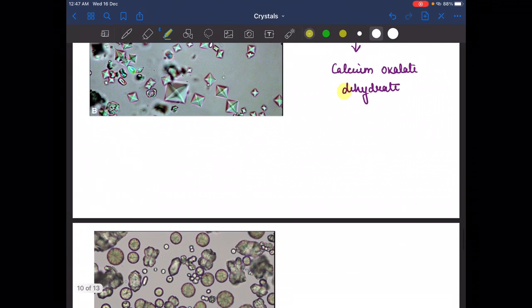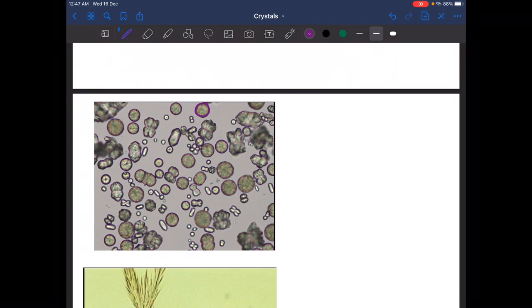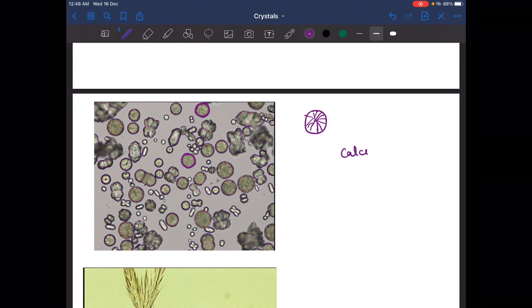So now move to the third picture. Here we can see that these are circular, something like this. So these are calcium carbonate.